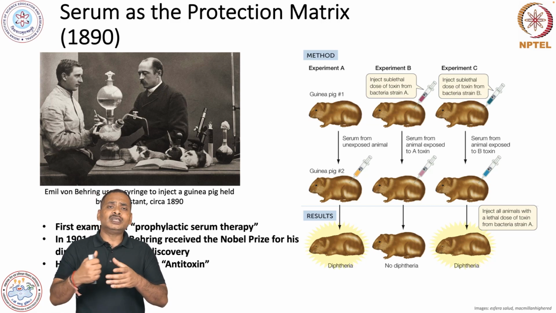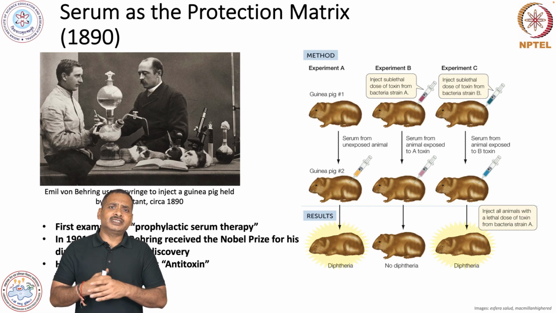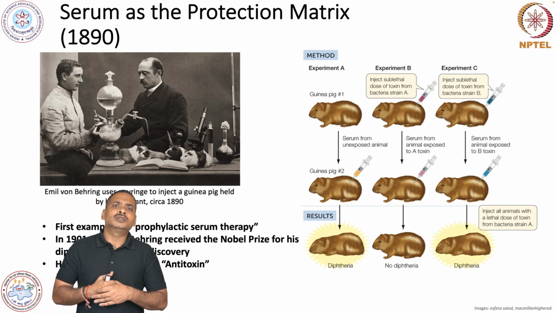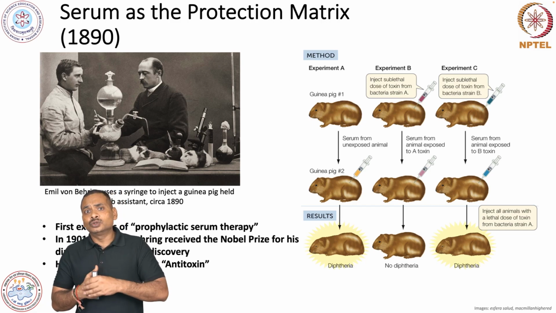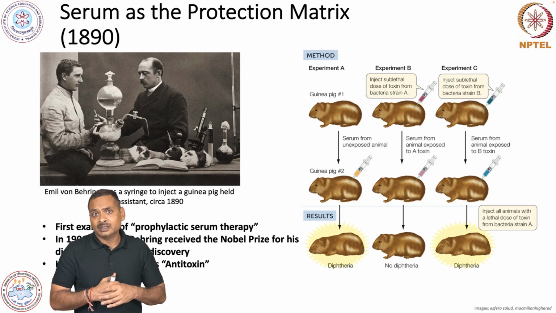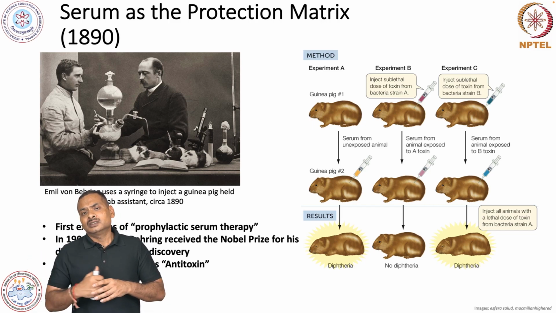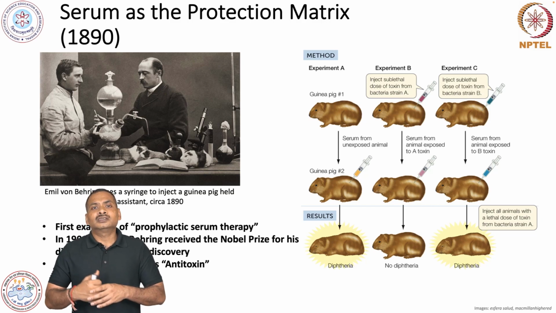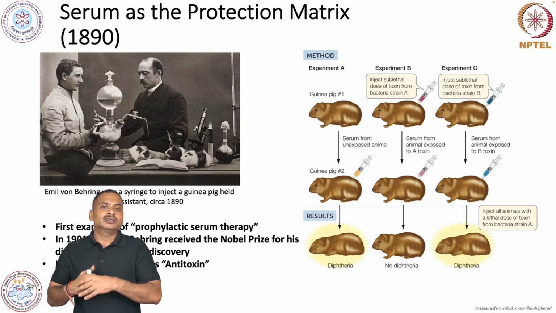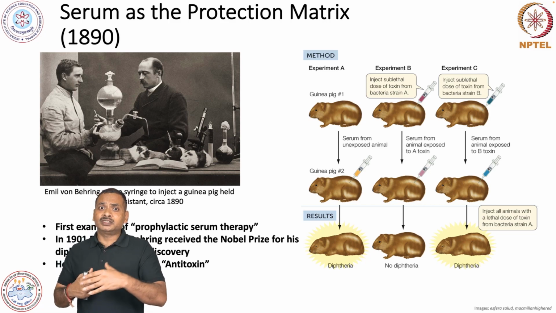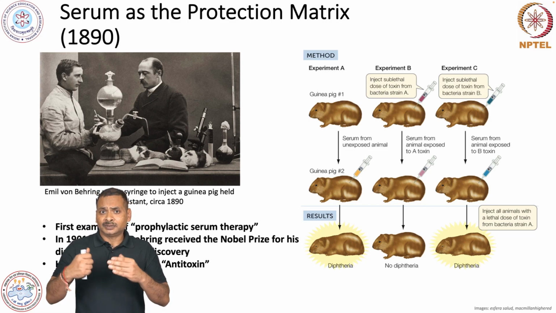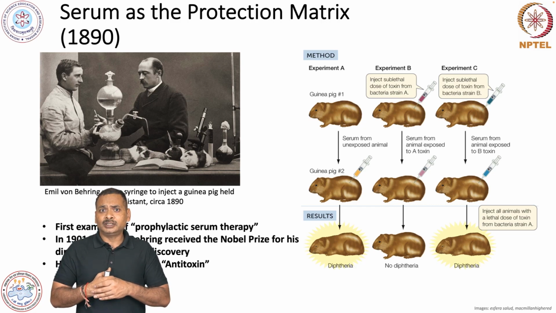In the second group, the serum is taken from the group which received the sublethal dose of toxin A, and in the third group, the serum is taken from the animals challenged by strain B toxins.